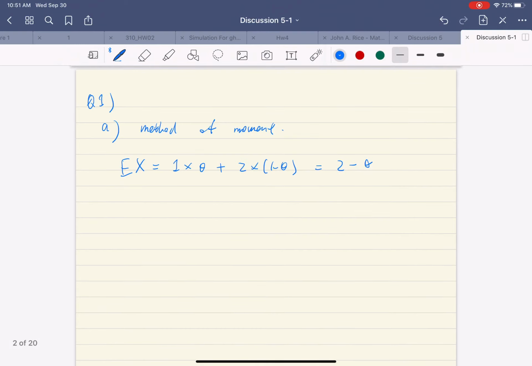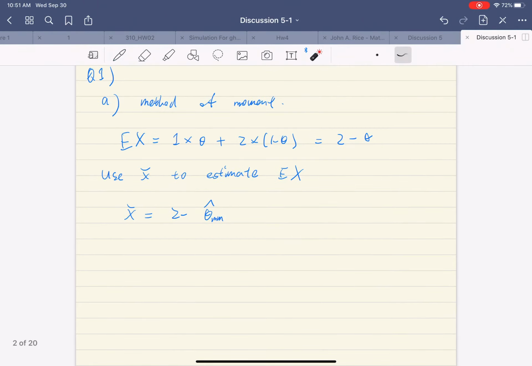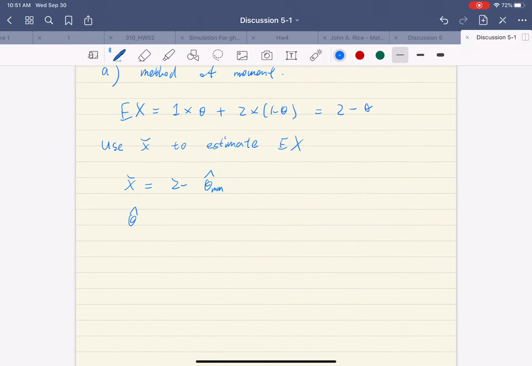Then we use S bar to estimate the first moment, so we can say S bar is equal to 2 minus theta. This is our method of moments estimator. So now we can say theta hat is equal to 2 minus S bar.